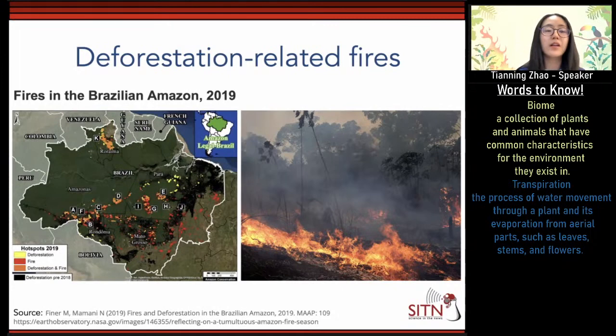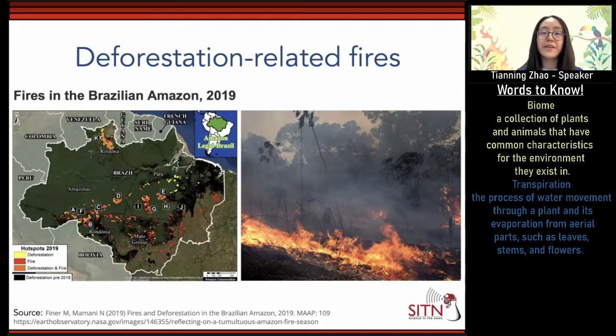And those fires, later on, the scientists studied what the causes of those fires were. Are those wildfires that we just cannot avoid, or are they somewhat related to human activities? Well, in the end, when you look at the distribution or mapping of different fire hotspots, what they found is that they mainly concentrate in the southern part of the Amazon biome, which is at the intersection between the deforested region and the forest.